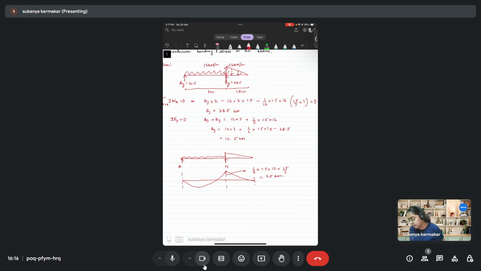And here your expression for bending moment when x varies between 0 and 3, and x is measured from here. X varies between 0 and 3.